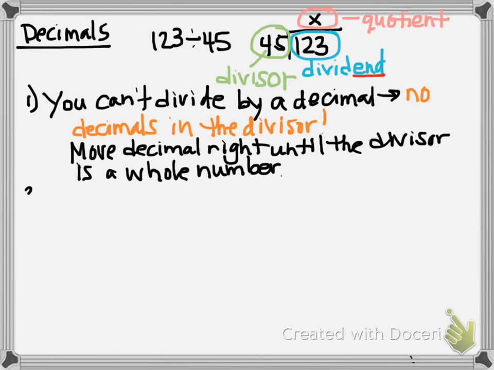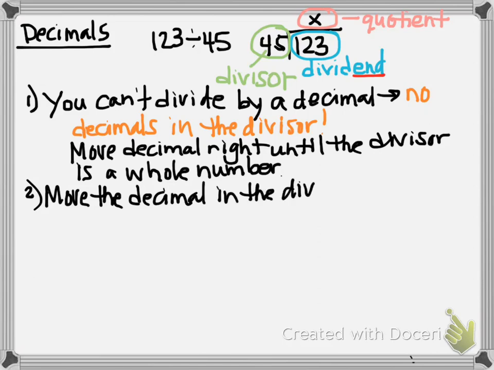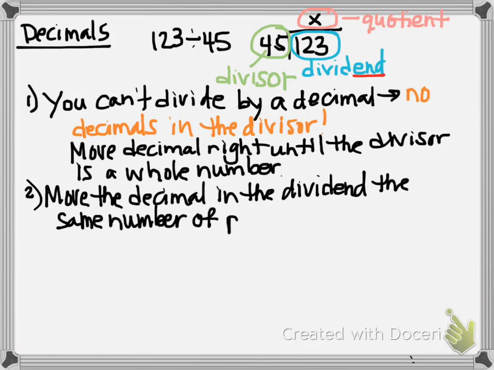Okay, but you are not going to treat one part of your division problem differently than another, so we're going to have to replicate that move with the dividend. So we're going to move the decimal in the dividend the same number of places it moved in the divisor.